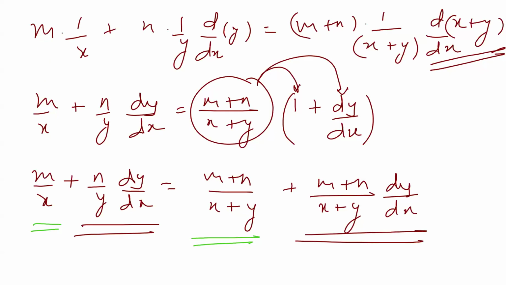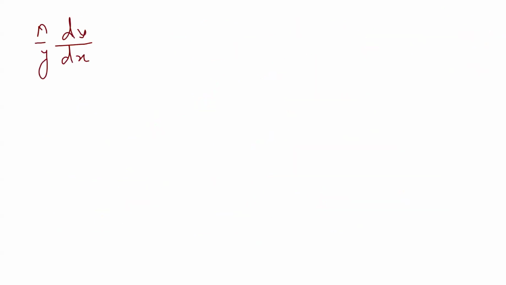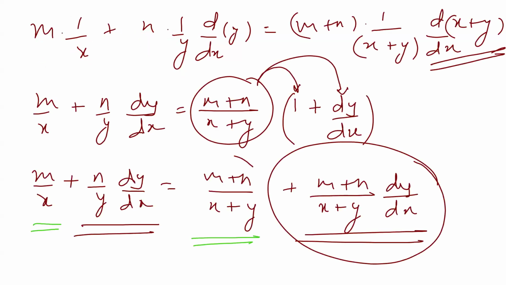So n upon y dy by dx minus m plus n upon x plus y dy by dx equal to m plus n upon x plus y minus m upon x.